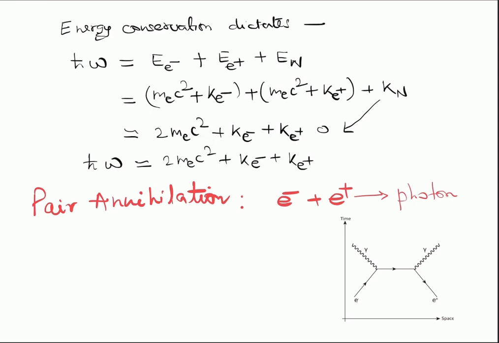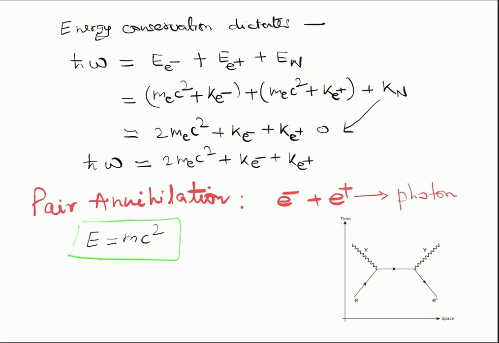The pair production process is a direct consequence of Einstein's energy-mass equation, that is E is equal to mc square. So in pair production, pure energy is converted into mass, and in pair annihilation, mass is converted into pure energy.